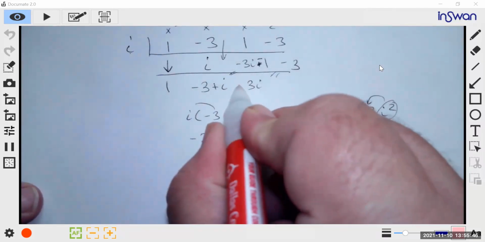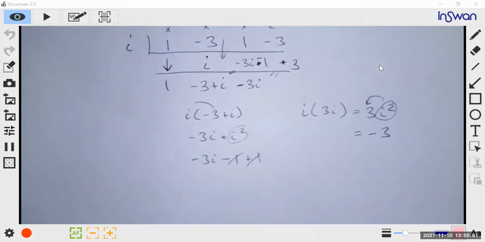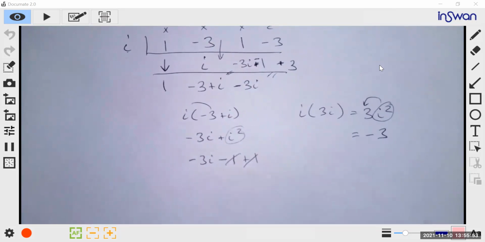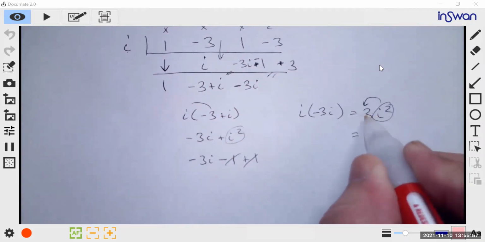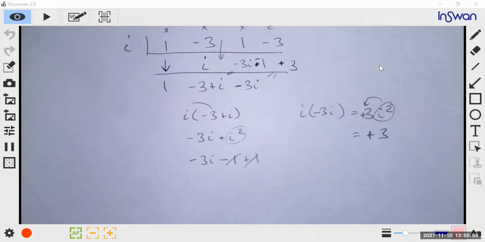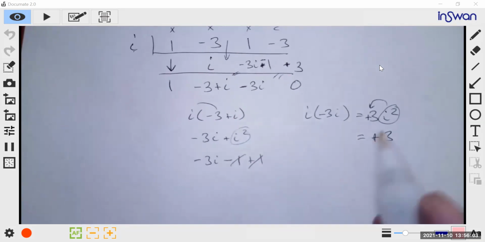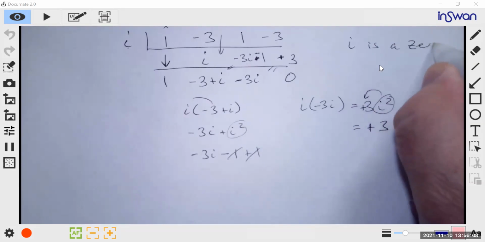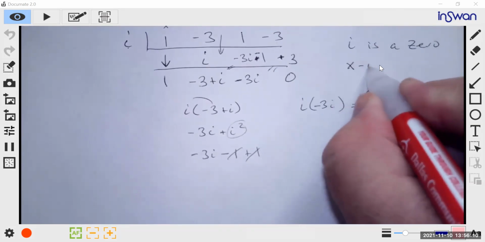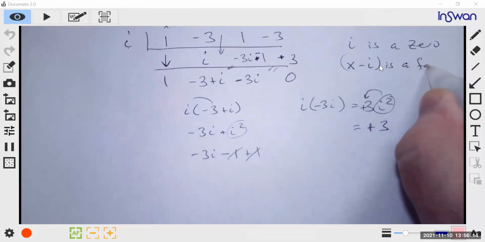Oh, it's supposed to be negative 3, I'm sorry. So negative 3 times i makes it a positive 3i, and positive 3 plus negative 3 makes it 0. So i is a 0. X minus i is a factor.